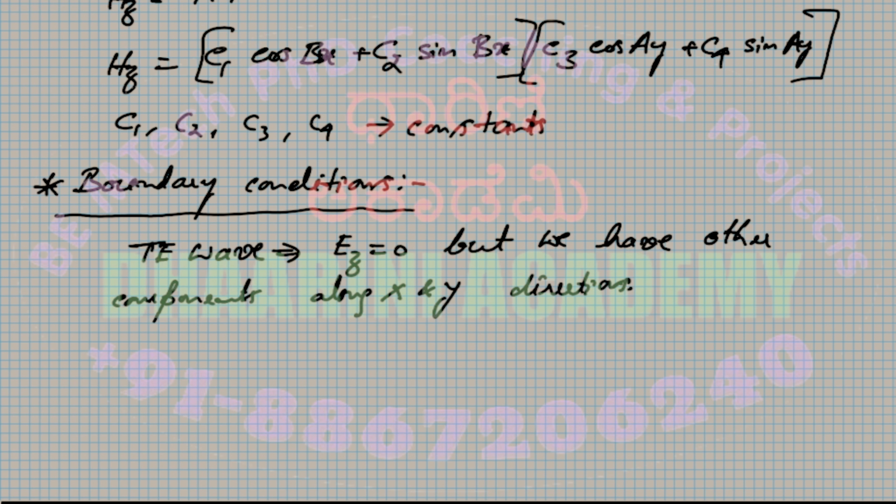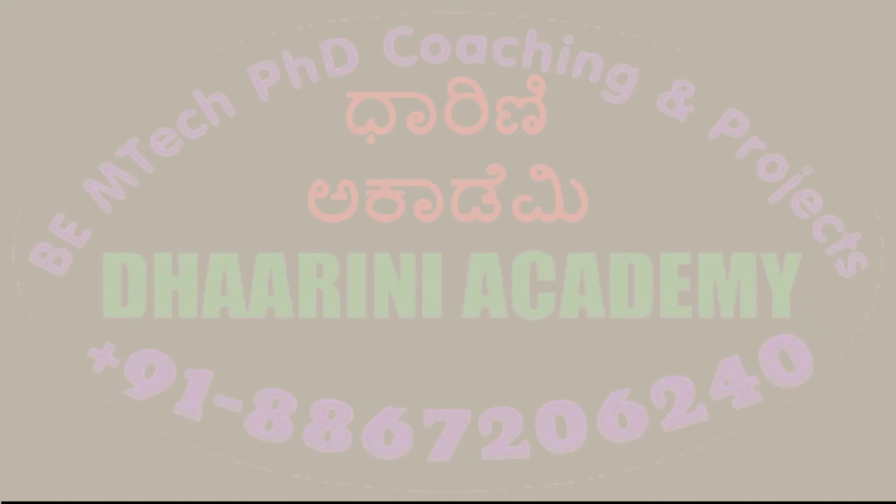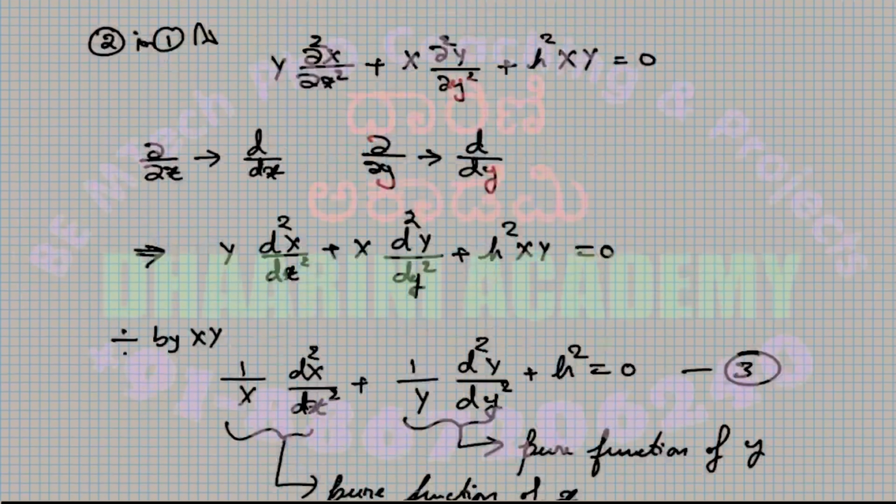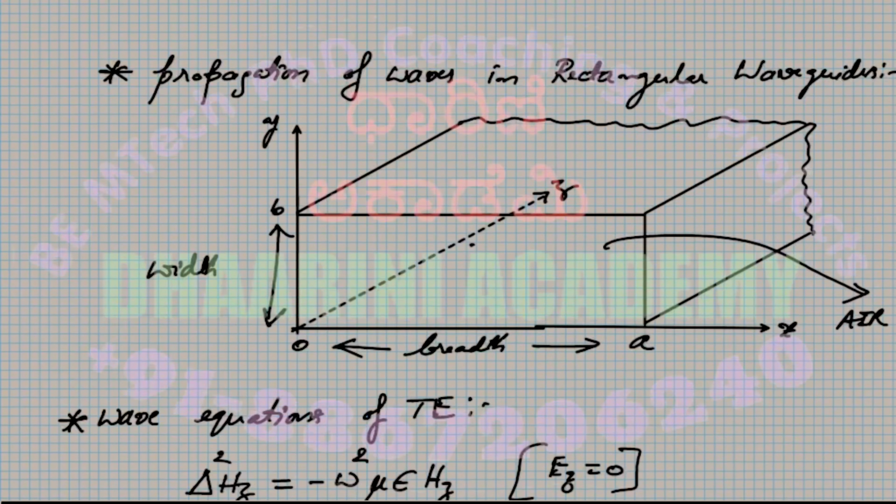Now we will consider the same old diagram once again. Let me go back. I'll show you this one. Recall, the width is B, breadth is A. A is measured along the x-axis, B is measured along the y-axis, so that I can input the wave from this side.